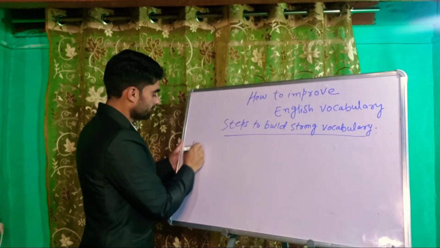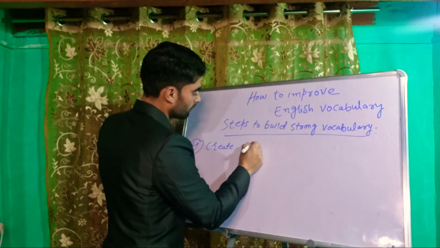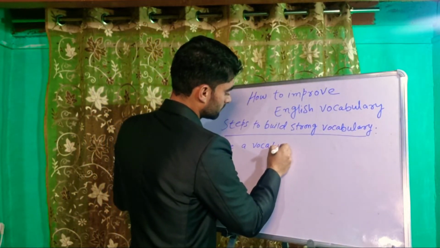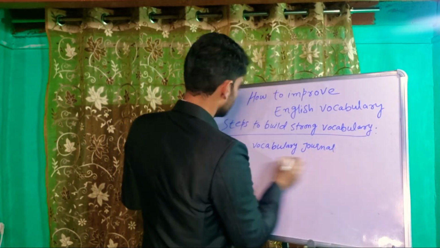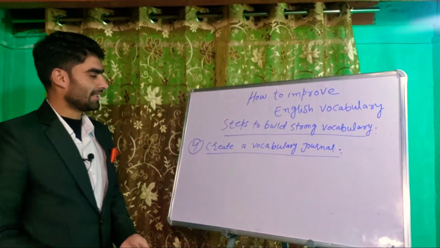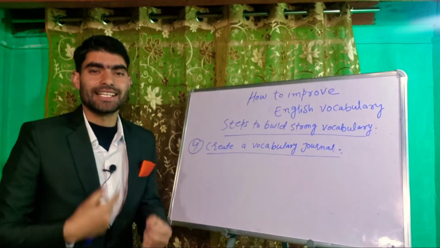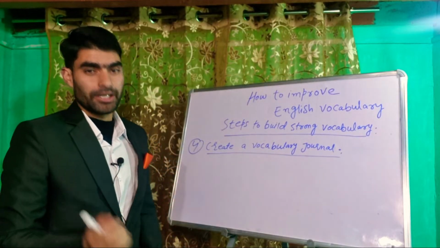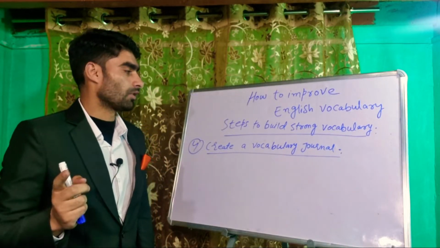Okay. Fourth step, create a vocabulary journal. What does that mean? Journal is a kind of book, you can say, in which you write your daily experiences. That's called a journal. It's a kind of book that you use for your daily experiences that you have in your life.